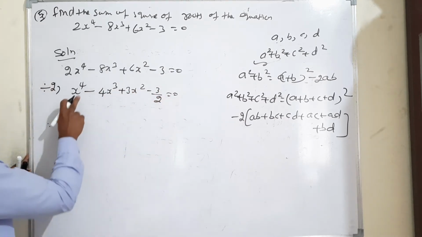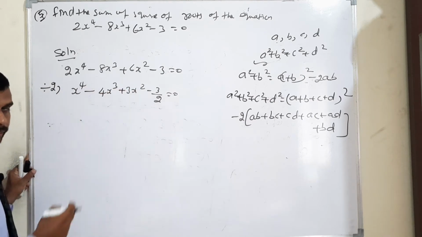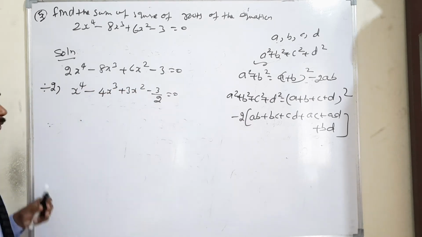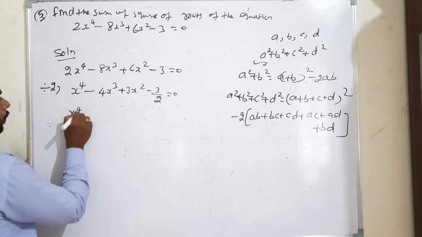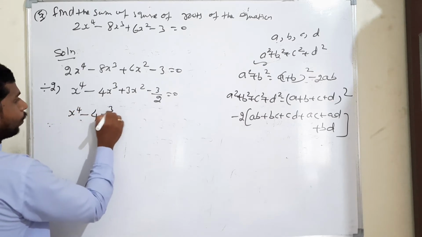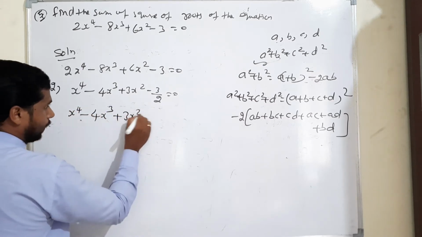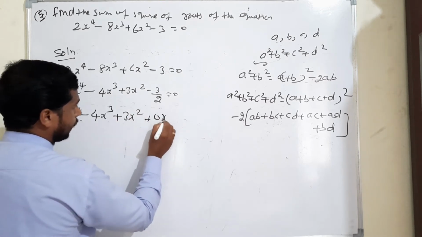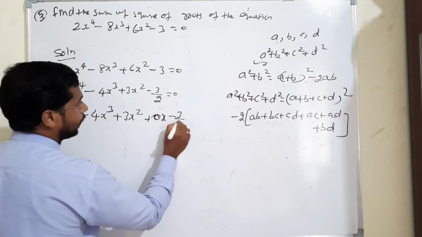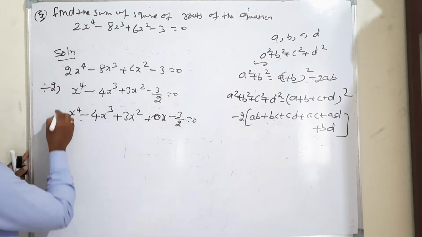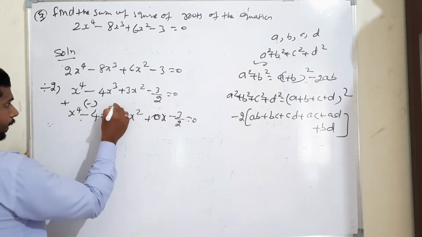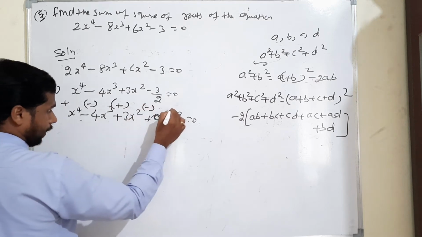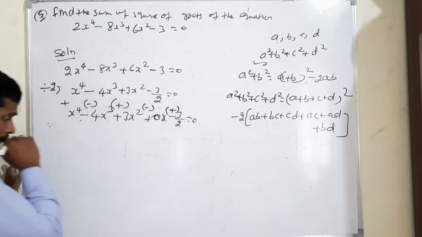But in order 4, 3, 2, 1, the x term is missing, so we have to add 0x. So x to the power 4 minus 4x cube plus 3x square plus 0x minus 3 by 2 is equal to 0. The signs go plus, minus, plus, minus, again plus, isn't it?